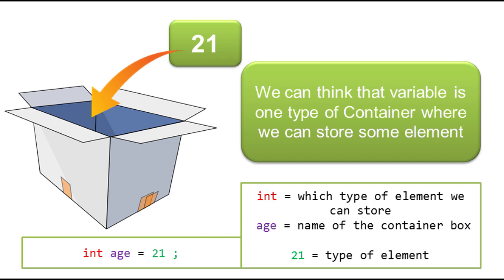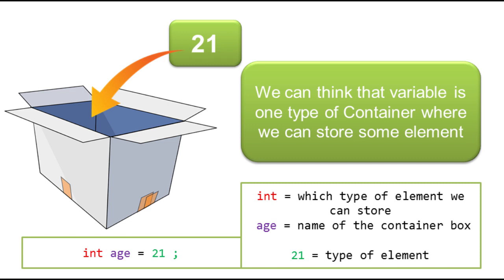So that box that you created is known as what? Variable. And in order to use that item that you store, you have to give that box a name so that you can go back there and pick the items that you store in it.